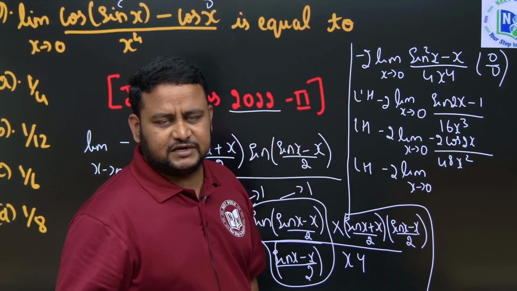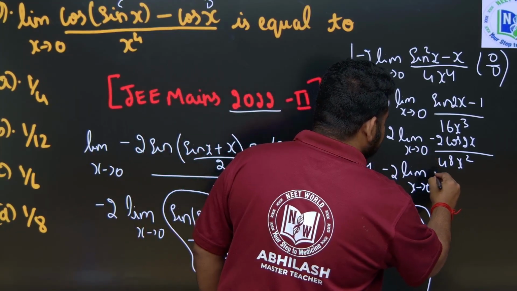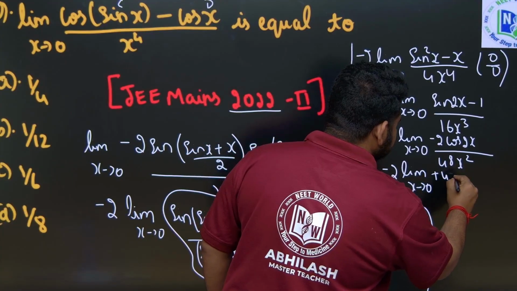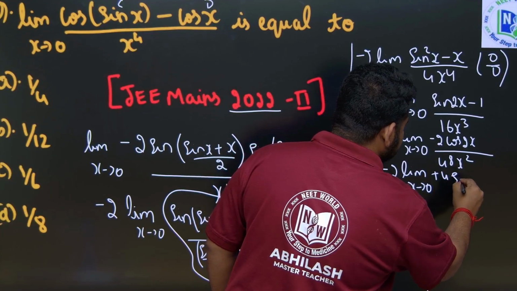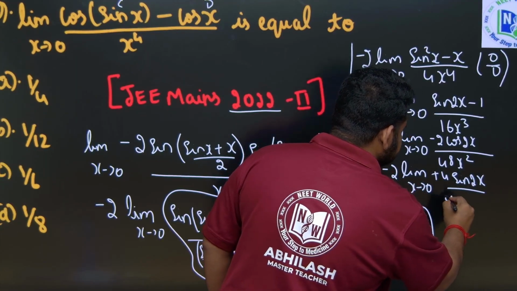derivative of cos is what, friends? It is minus sin, so this will become plus 4 times sin 2x divided by 96 into x.